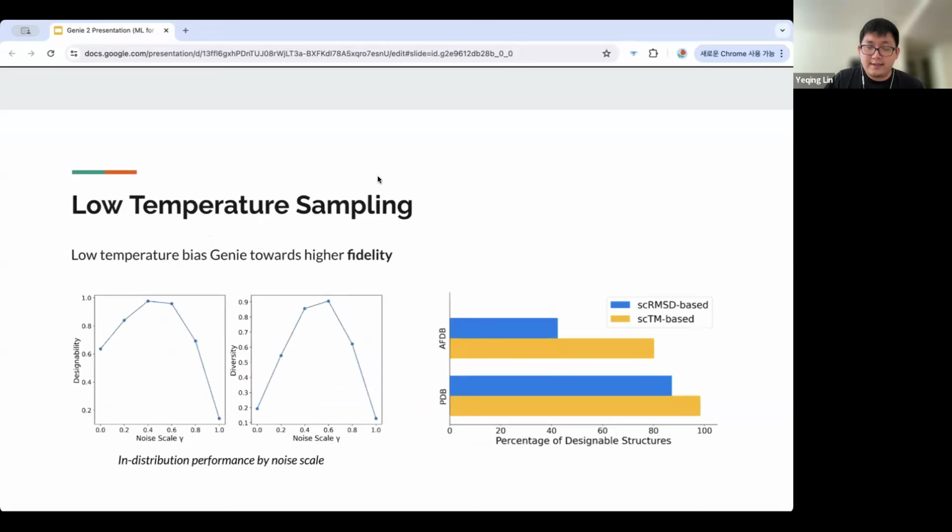But if we use the scTM, around 80% of them are designable. So essentially the structures in the AFDB feel pretty much correct, but there's a lot of refinement that needs to be done, at least locally. So it would be hard to say whether it is a fair comparison, or whether it is biased or not. We have more data, but the data is much noisier in some sense. So there's no clear answer here.